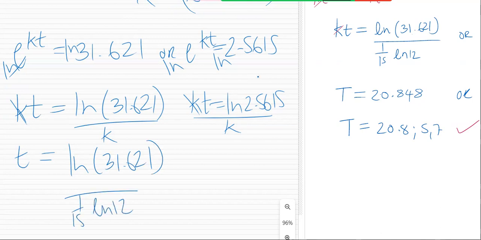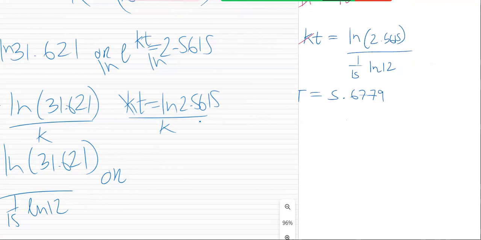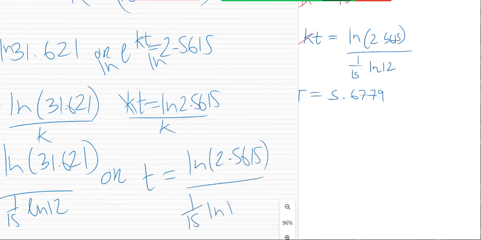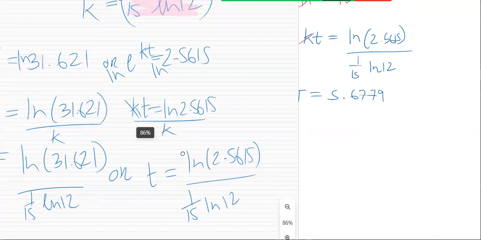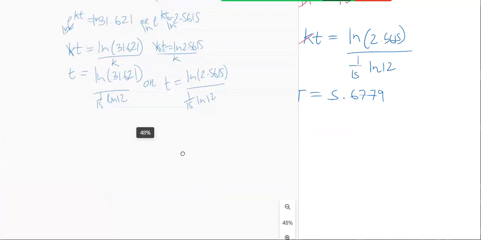This whole thing can go in the calculator. And the other one was over here. So our t is equal to ln 2.5615 over 1/15 ln 12. Bit of a lot of logs and stuff for the answer on natural logs, but that should get you there.